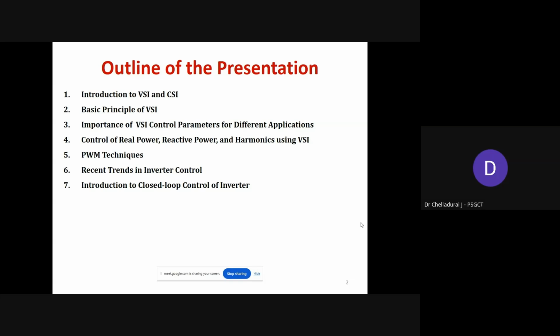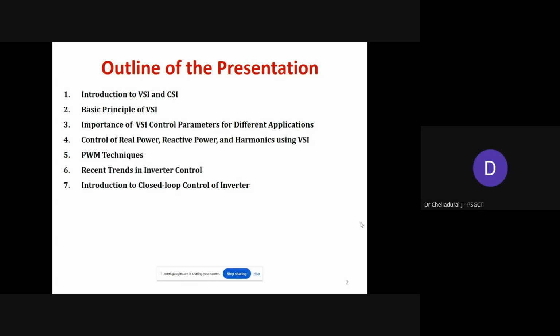In this session, the first topic I'm going to cover is the introduction to VSI and CSI. Here VSI means voltage source inverter, and CSI means current source inverter.